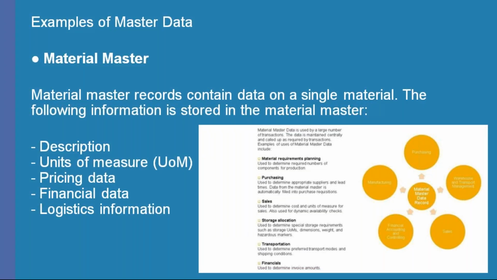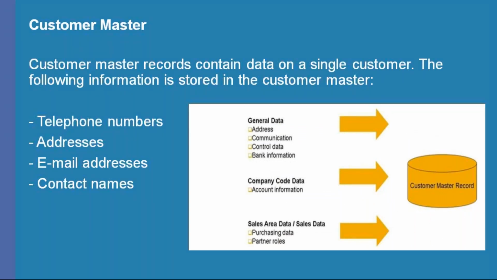So let's move on to the master material. In the material case, we have different details like material descriptions, unit of measure, pricing data, financial data, logistics information, etc. Similarly, for customer, we have business partner information like business partner address details, bank details, tax information.